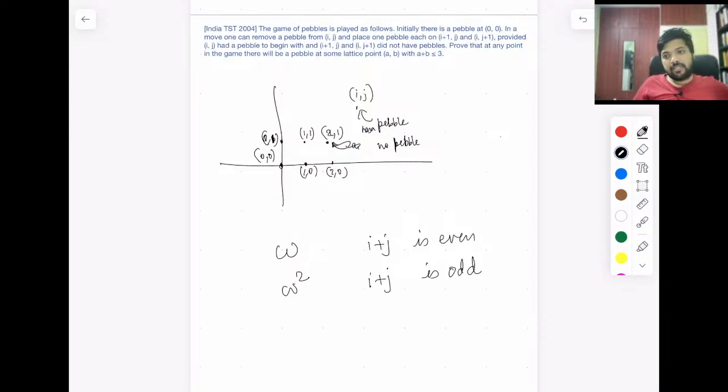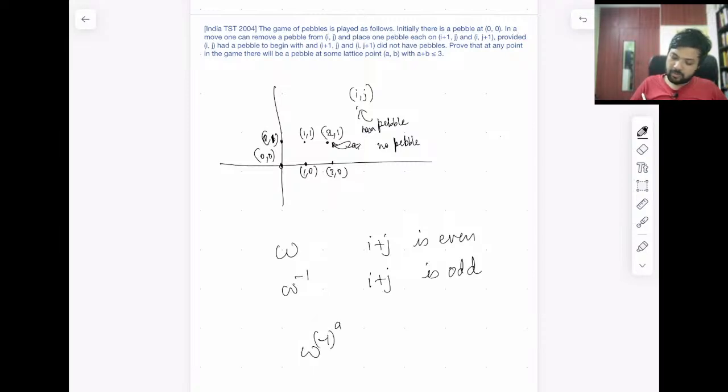If i plus j is even, then it's omega, if i plus j is odd, it's omega square, which is basically omega power minus 1. Yeah. What is that? That is the same as saying minus 1 power, it's the same, no? Oh, okay. It is omega power (minus 1 power i plus j).